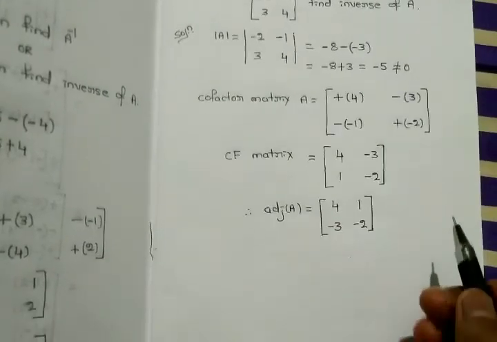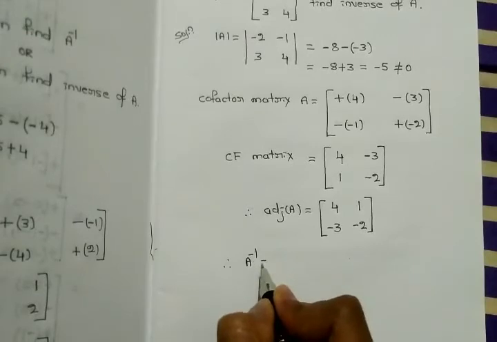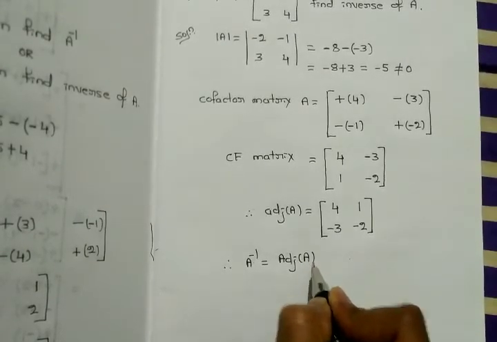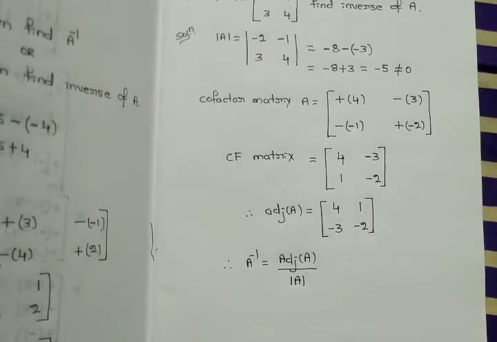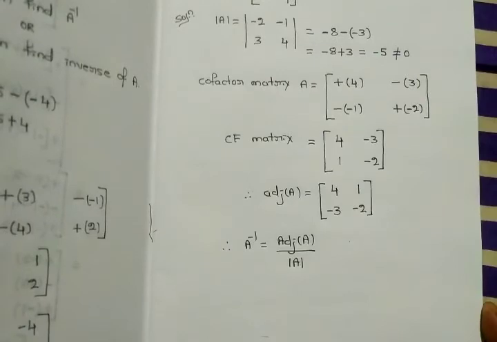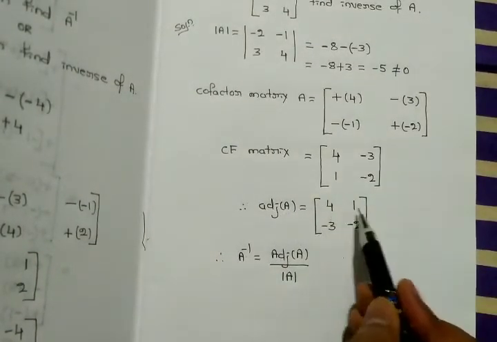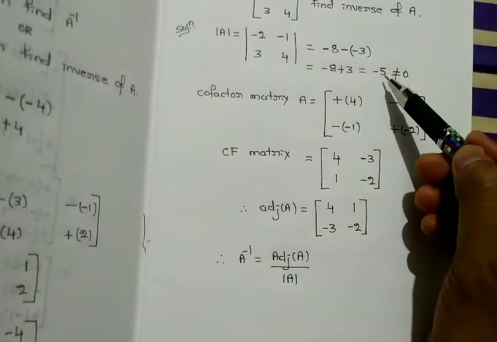So next, write the formula. Therefore, A inverse is equal to, formula is adjoint of A divided by determinant of A. Now you got both the values. Adjoint of A value is 4, 1, -3, -2. Determinant of A value is -5.